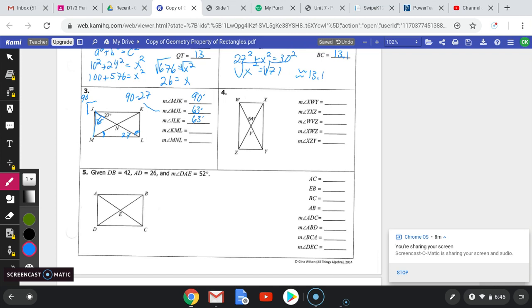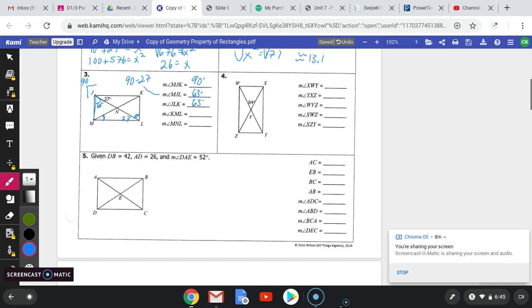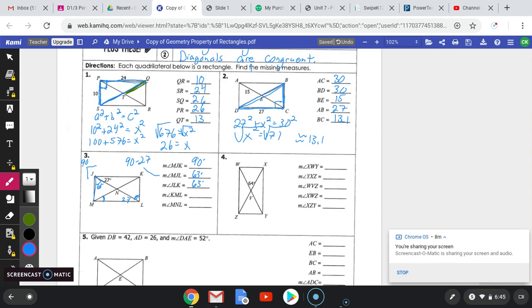Realize what we talked about before. The opposite triangles in a parallelogram, which includes a rectangle, are the same. So that means KML also has to be 27 degrees. And then there's another reason too, which we'll see in the next problem.